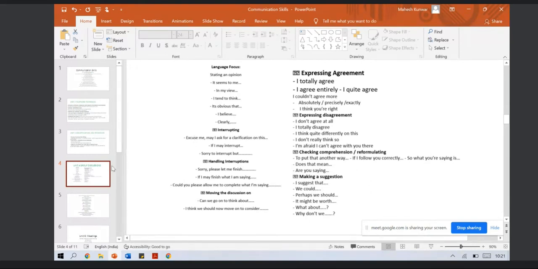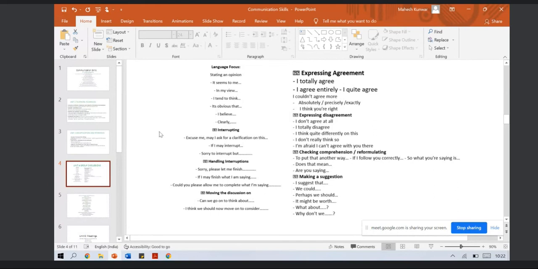As I said earlier, for jobs like research and development, quality and control, the organization may not have this part of staffing, this part of the selection procedure. They won't have group discussion.